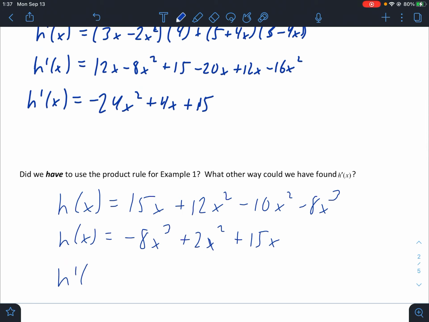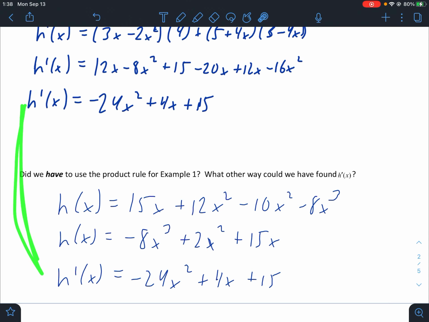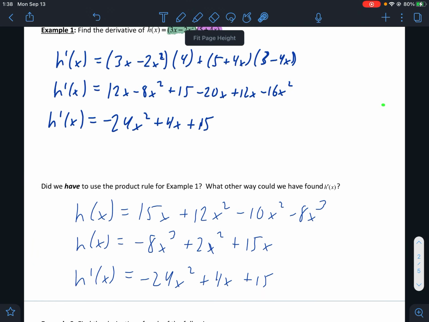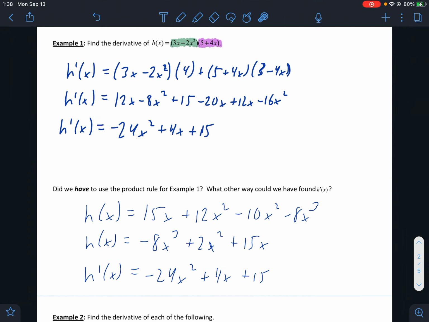And if we took the derivative of that using our power rule, negative 24x to the second plus 4x plus 15. And you can see the derivatives are exactly the same. Two different ways to do it, but both work the same way.